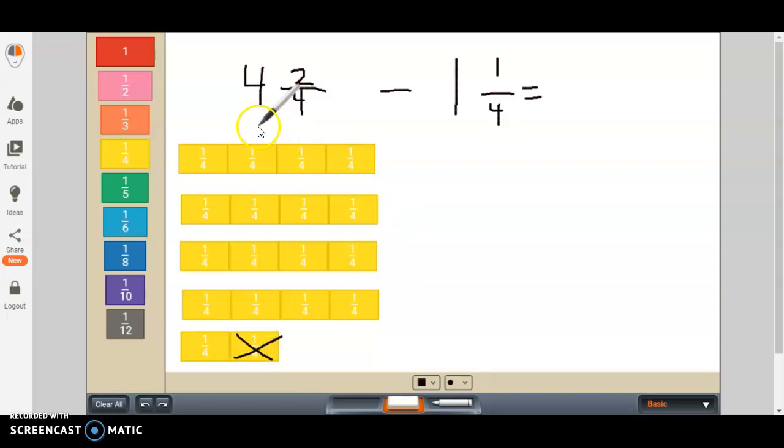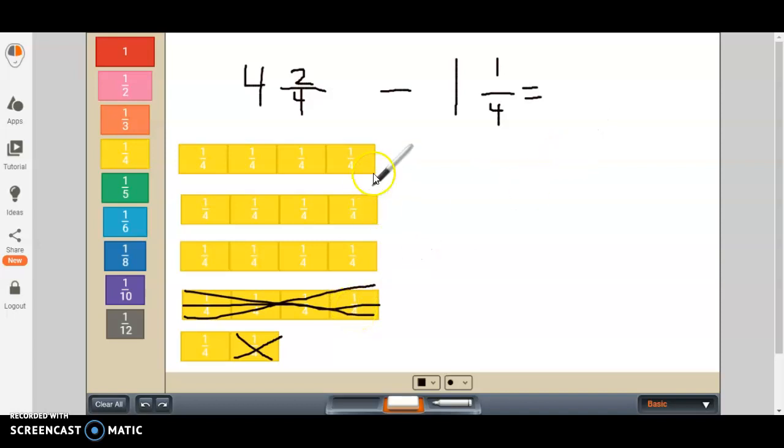And then we move on to the next place value, the whole numbers. So we have 4. We're taking away 1. So I'm taking away 1 whole. And I know this is a whole because with fourths, 1, 2, 3, 4 of them, 4 of these fourths make a whole number.